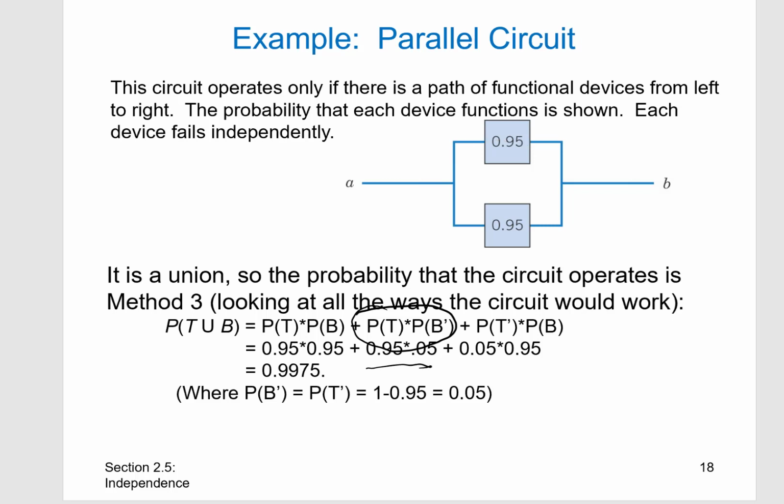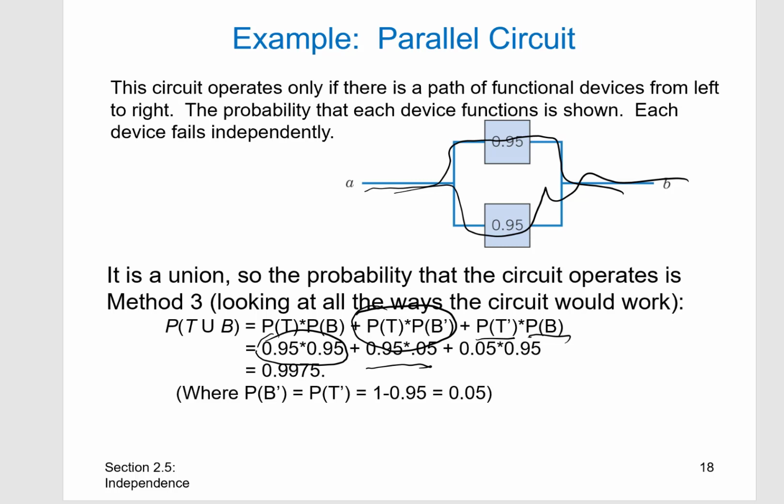Or the probability the top doesn't work, but the bottom one does. That's the probability of the top not working, probability of the bottom working. Or, like we said, I could have the top working and the bottom one working, and that would be this one here, top and bottom working. And my answer, again, if I work through all of this, would be 0.9975.